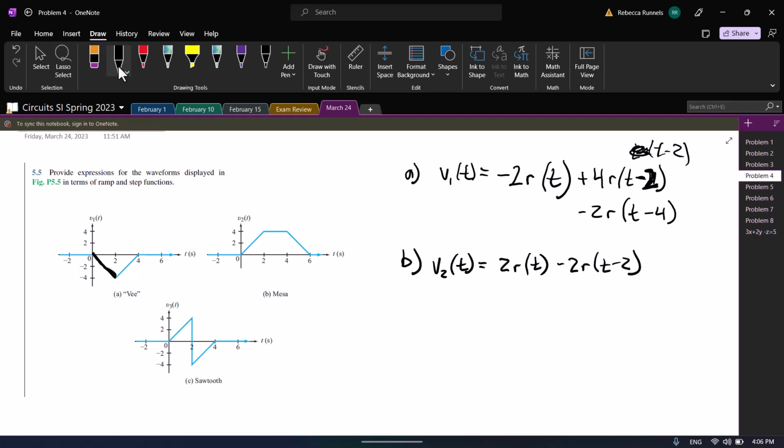And then when we get to 4, we're going to subtract 2 more, because now we need to get down to a slope of negative 2. So that's minus 2r of t minus 4. And then when we get to 6, we have to level it back off, because now we're going to be horizontal again. So we were at a slope of minus 2. To level it off, we have to add 2 to that. So plus 2r of t minus 6.